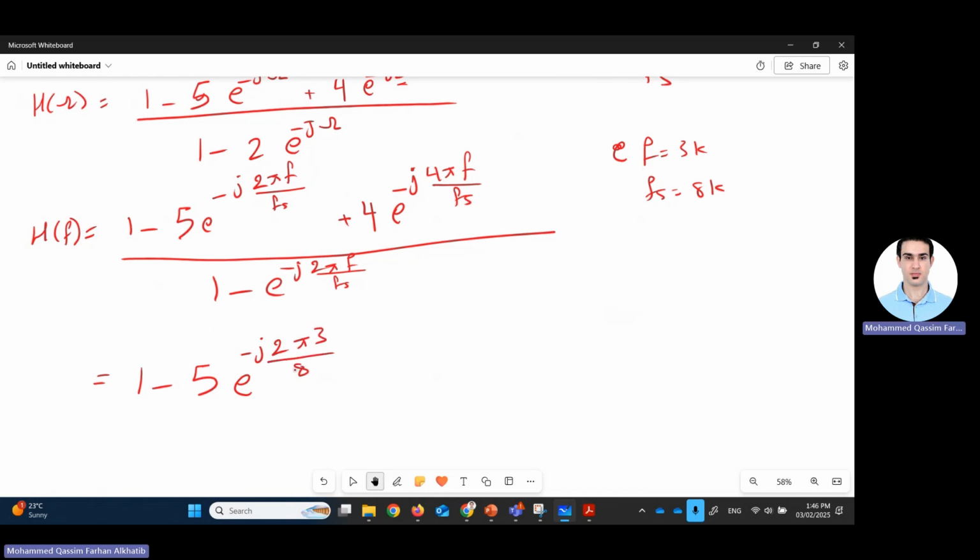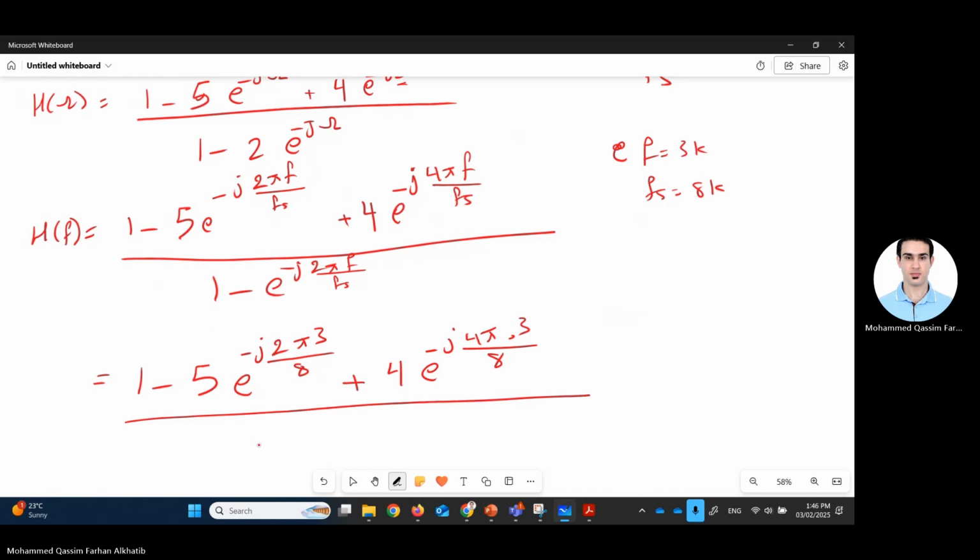I will not put the k, they will cancel each other out, plus 4 e to the power minus j 4 pi times 3 over 8, over 1 minus e to the power minus j 2 pi 3 over 8.